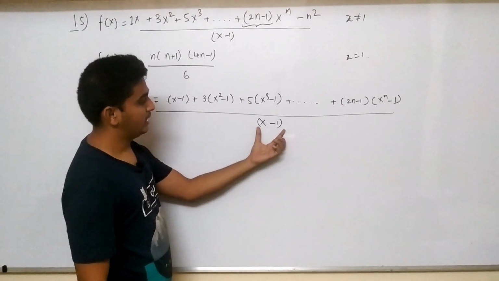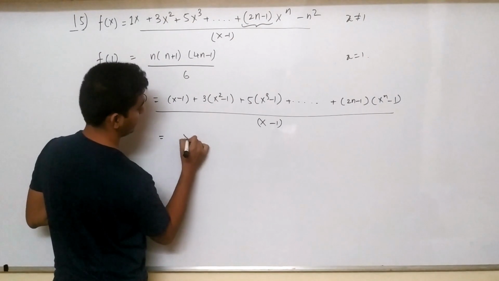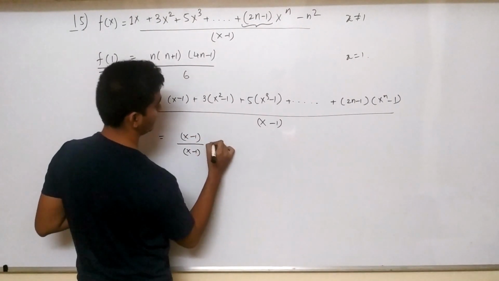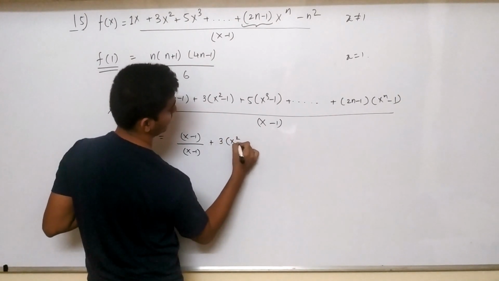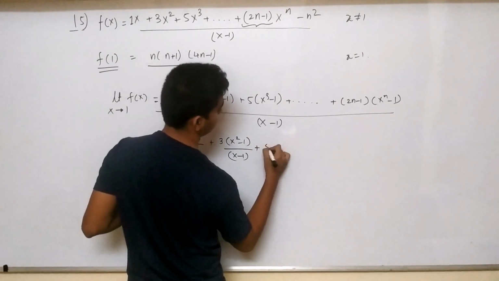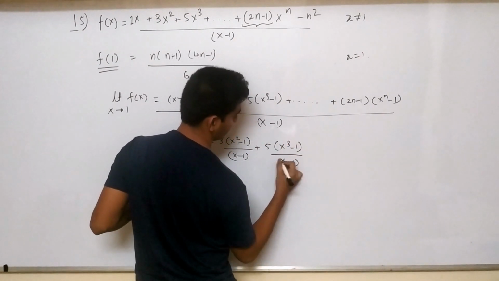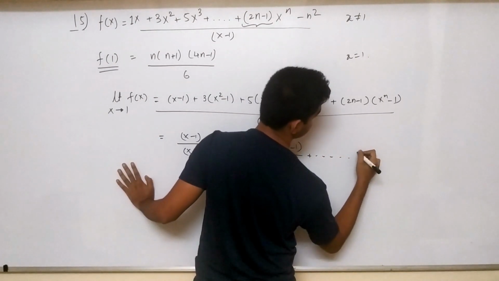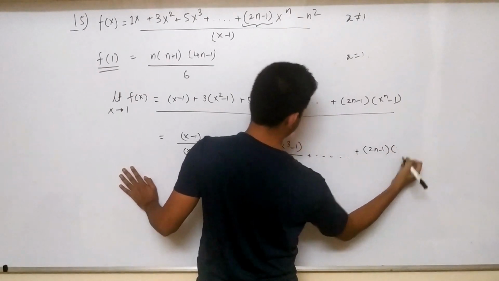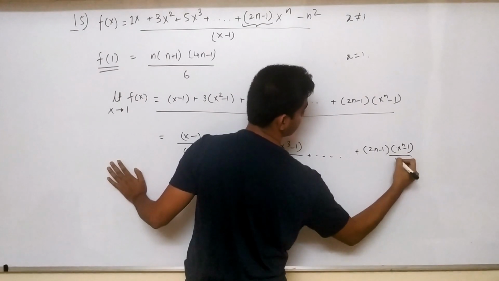We can divide x minus 1 from each of these terms, and what we have is x minus 1 divided by x minus 1 plus 3 times x square minus 1 divided by x minus 1. Then again we have 5 times x cube minus 1 divided by x minus 1. And you can go on doing like this till 2n minus 1 times x raised to n minus 1 upon x minus 1.